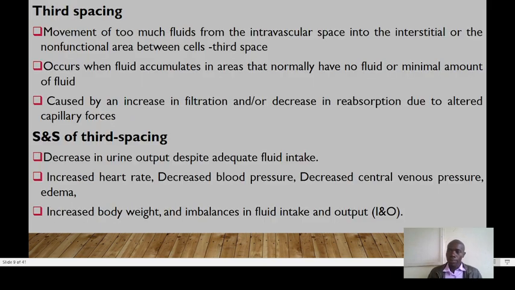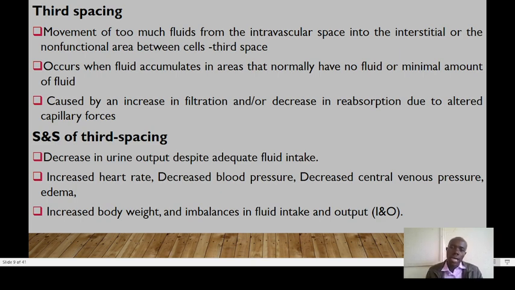Now the concept of third spacing. We have already mentioned the intracellular space and the extracellular space. In third spacing, too much fluid moves from the intravascular space to the interstitial or non-functional areas.